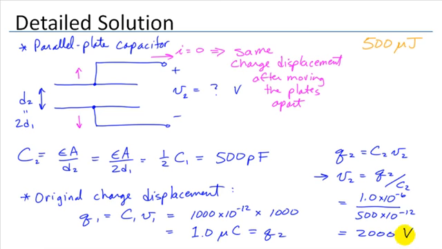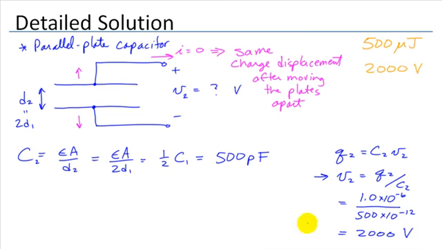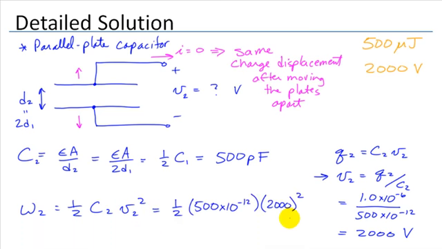So we see the voltage is actually doubled compared to the original situation. Now, the fact that we've got increased voltage means that we have increased stored energy. Dropping in the specific values and carrying out that calculation leaves us with a new stored energy of 1000 microjoules.